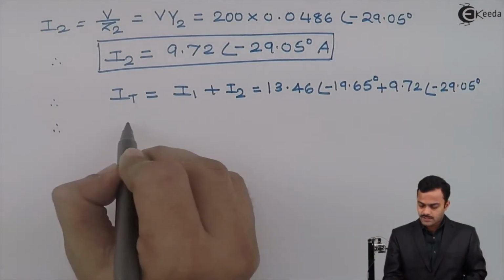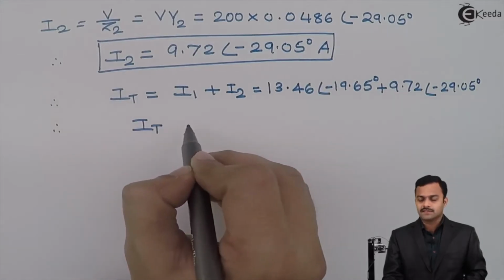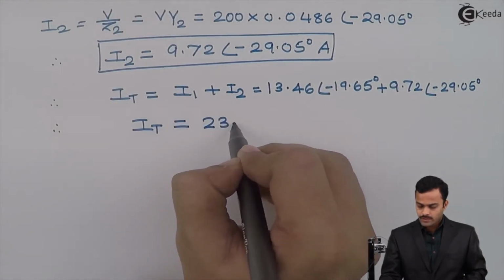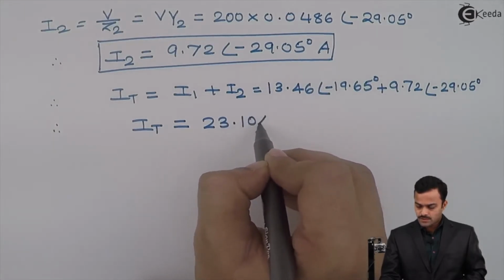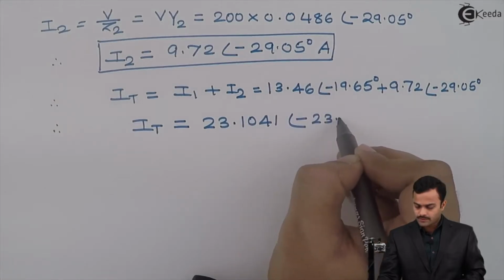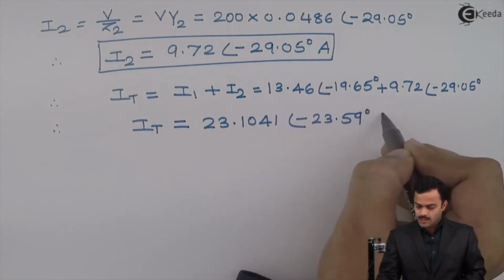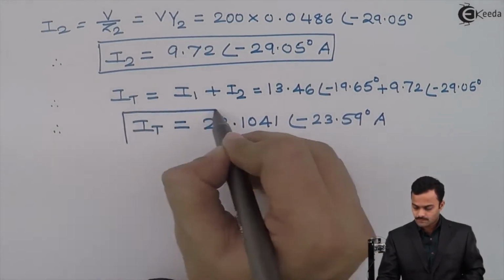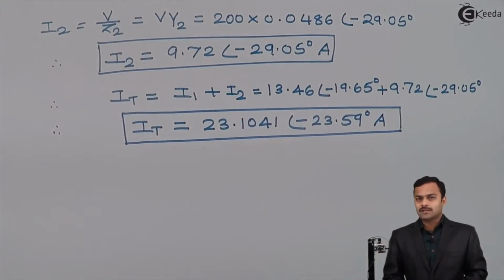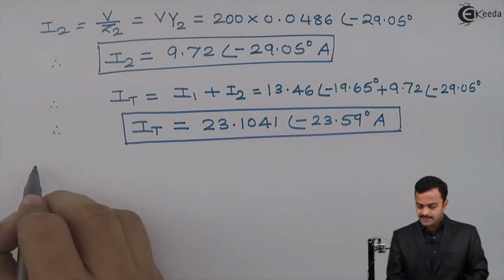After solving this, I will get total current in the circuit IT equal to 23.1041 at an angle minus 23.59 ampere. This is the second part of the question. Let's address the third part.